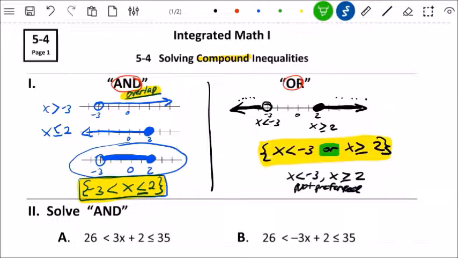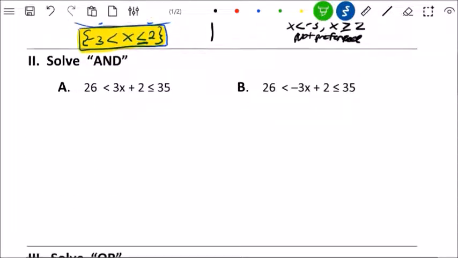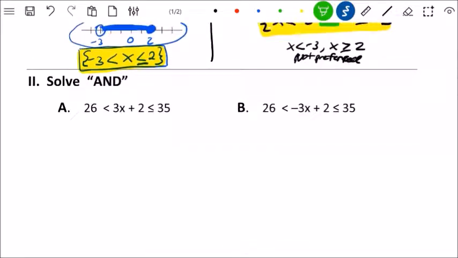So let's take a look at solving a couple of these. These are and statements. And we see right now the x is in between these. So you have two ways to do this. You could separate this right now and do 26 less than 3x plus 2, and then separately 3x plus 2 is less than or equal to 35.